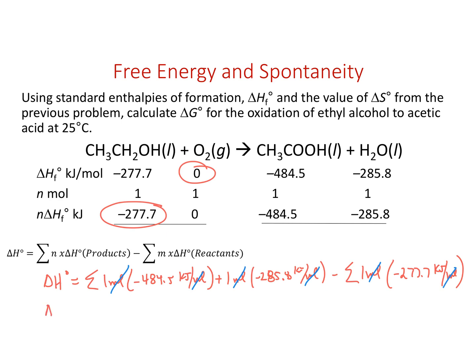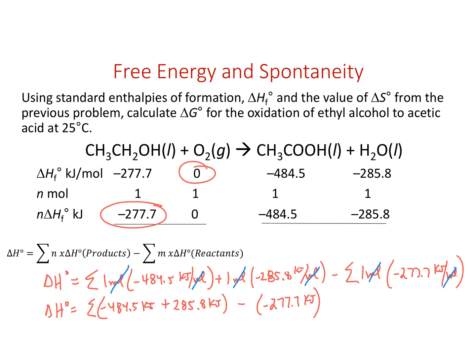So the delta H equals the summation of negative 484.5 kilojoules plus negative 285.8 kilojoules minus the enthalpy of ethanol, which is negative 277.7 kilojoules.